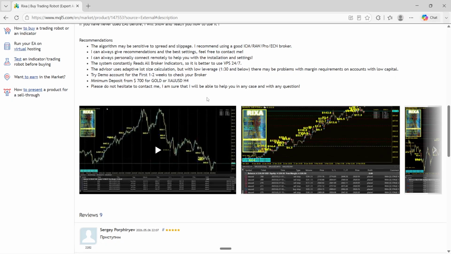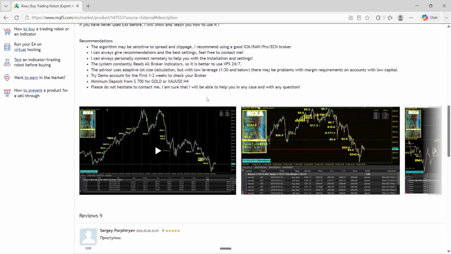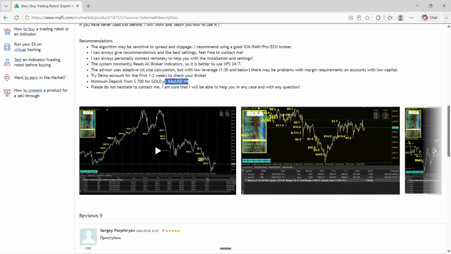The default settings are for one chart of XAUUSD or gold on the 4-hour time frame, as you can see.